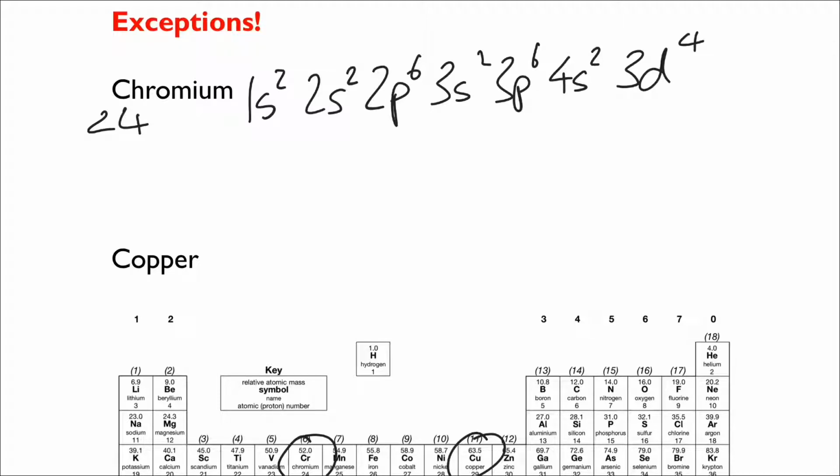However, there's something going on with the 4s and the 3d electrons. The 4s subshell and the 3d subshell do something a little bit unusual.